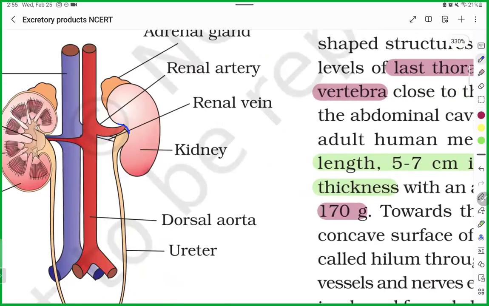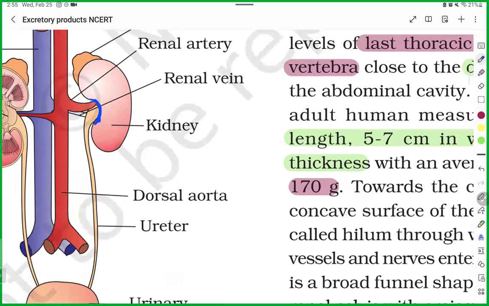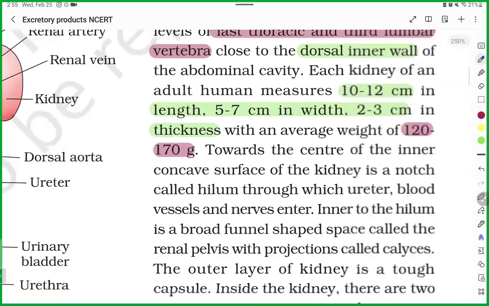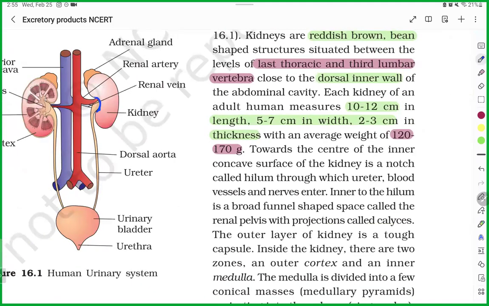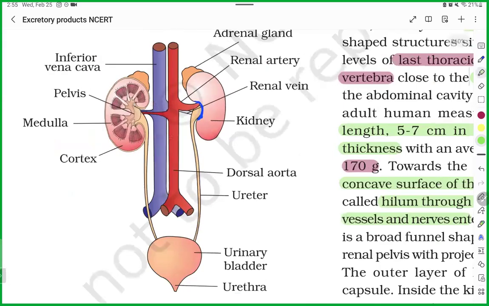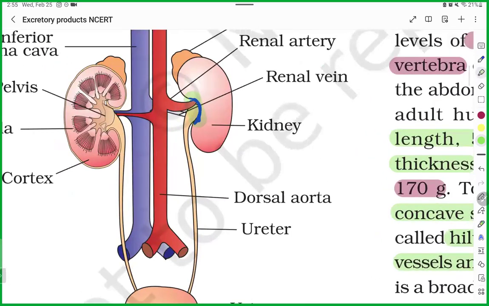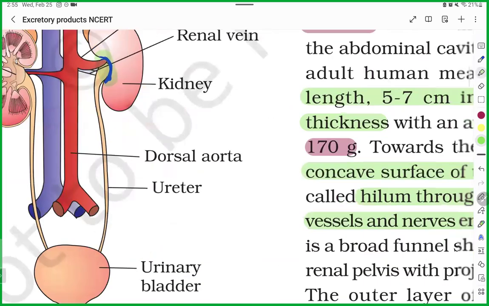Towards the center of the inner concave surface of the kidney, there is a notch called hilum through which the ureter, this urine tube, blood vessels, and nerves enter. So here, this part known as hilum, this blue color part, is where everything enters.